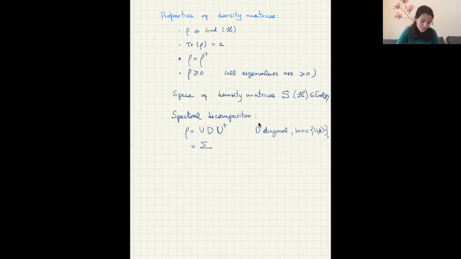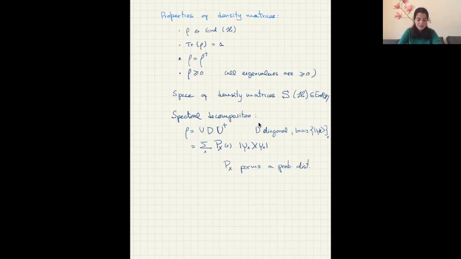It means that we can write rho always as a sum over x of p_x times psi x, psi x, where this p_x forms a probability distribution, and then we have here the eigenstates of this matrix.